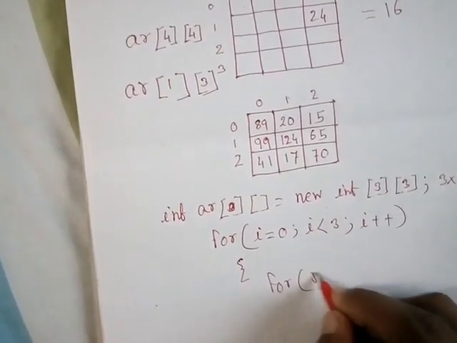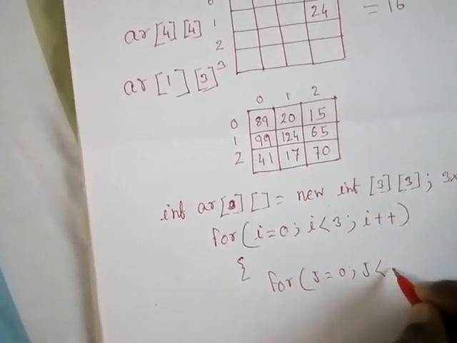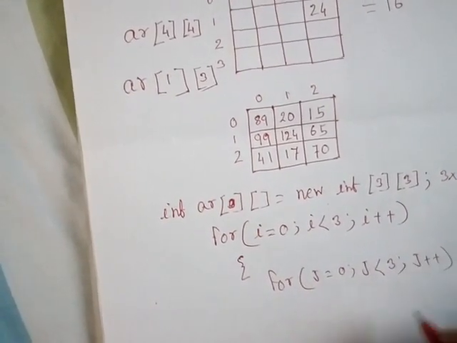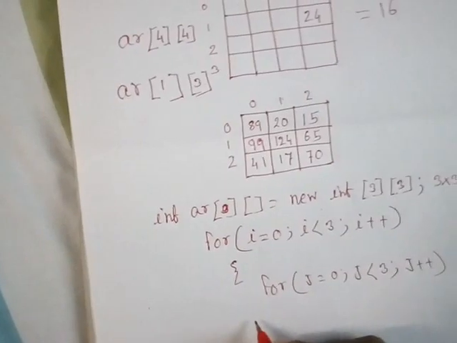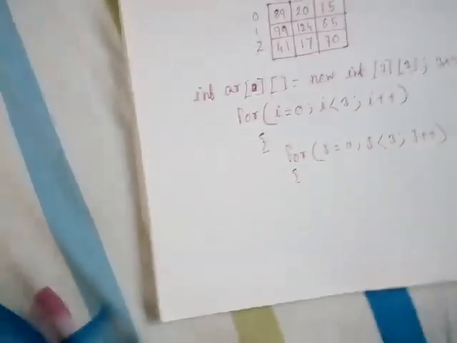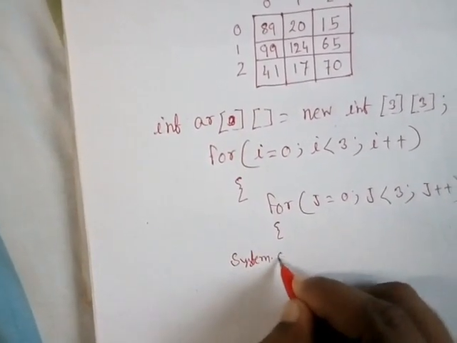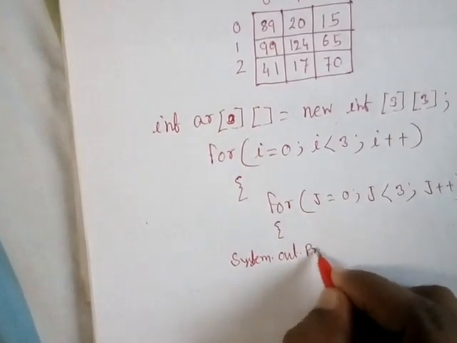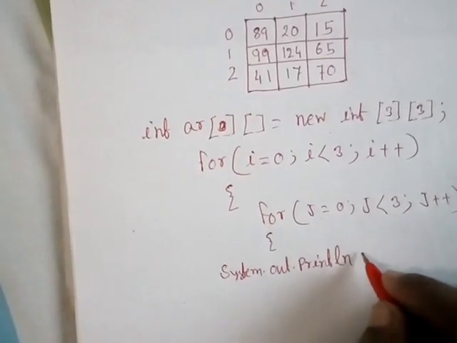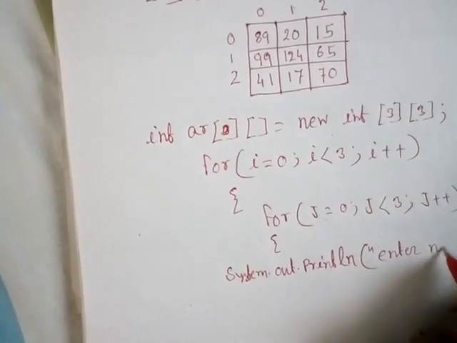For j equals to 0, j less than 3, j plus plus. Here we can write System.out.println("Enter number").